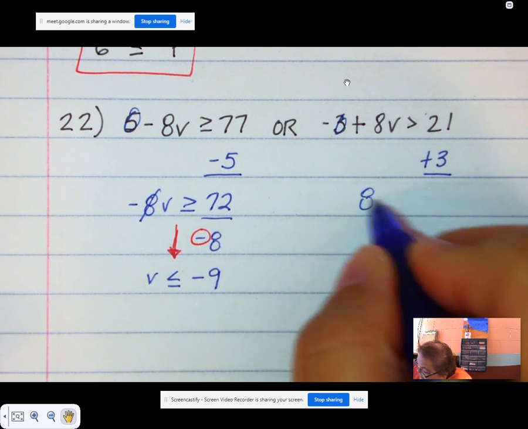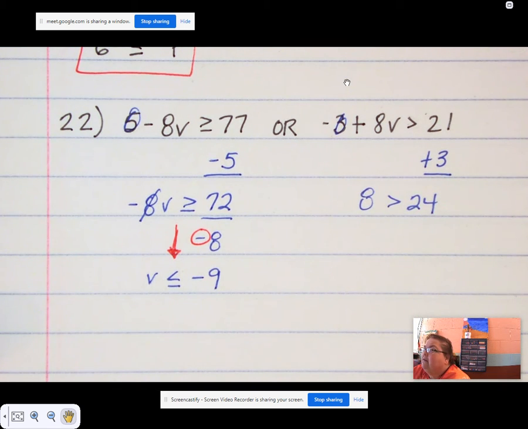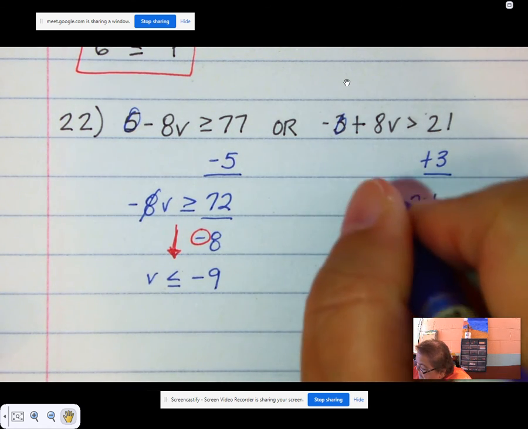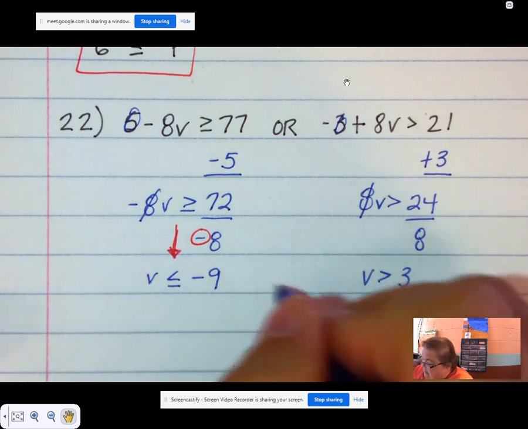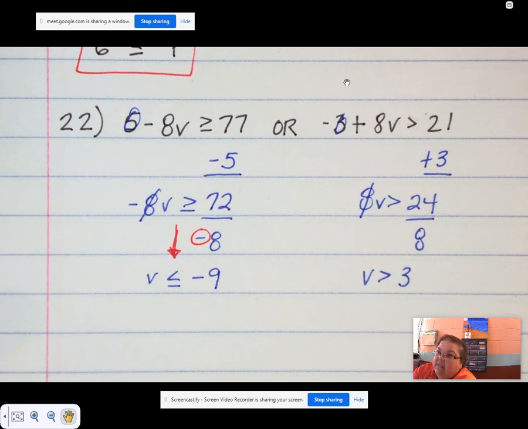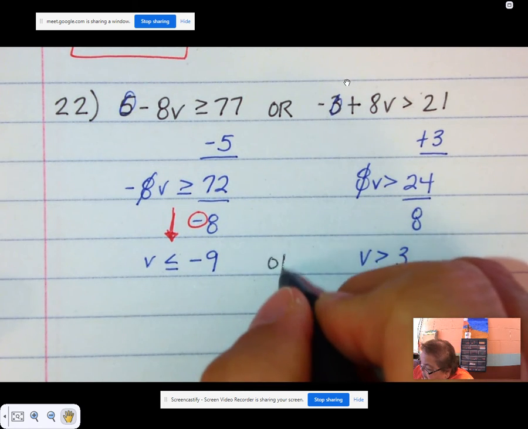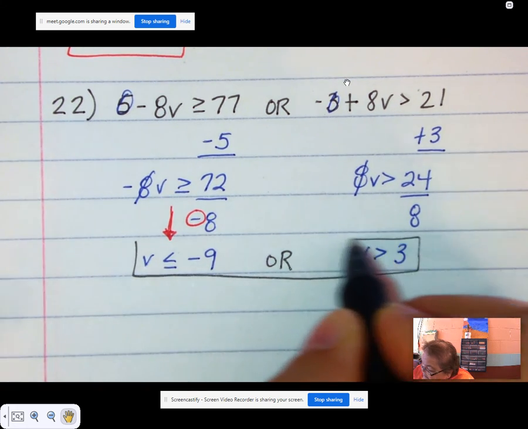So now 8v is greater than 24. Divide by 8. There's my 1. V is greater than 3. And what has to go in the middle to know? Or. This is my answer.